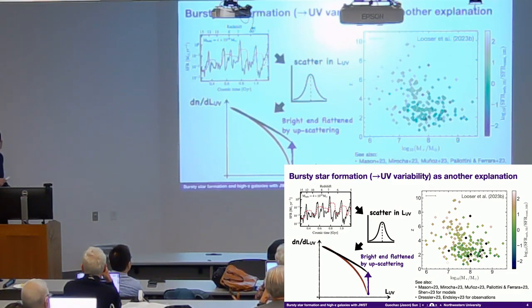So combining these theoretical speculations and the observational evidence, it seems like bursty star formation could play an important role in shaping the luminosity distribution or the abundance of UV bright galaxies at these early epochs.